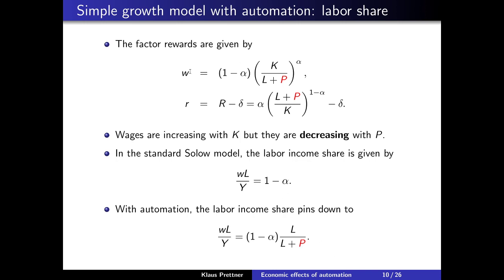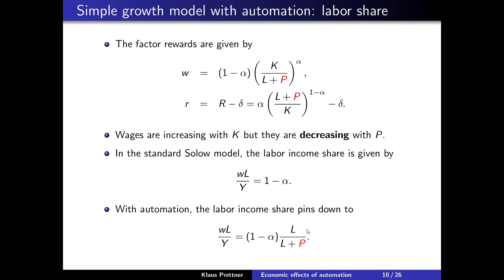So if we solve for the labor income share with this wage rate, then what we get is 1 minus alpha, as in the standard Solow model, but then multiplied with a term that depends negatively on the accumulation of automation capital. So we see here the labor income share would decrease with automation, and we've observed a decrease in the labor income share actually since the 1980s.